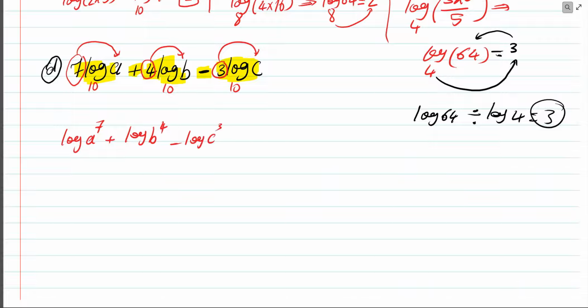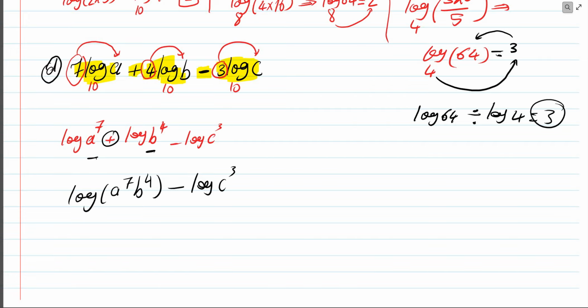We learned that if there's addition, I can multiply both of them. So I will get log of A power 7 B power 4 minus log C power 3.